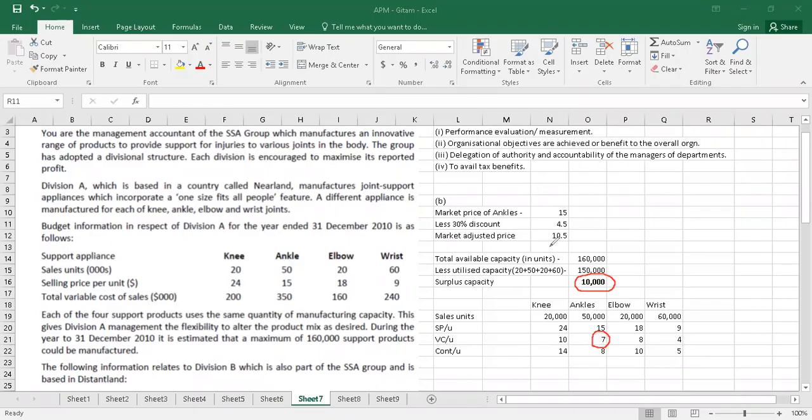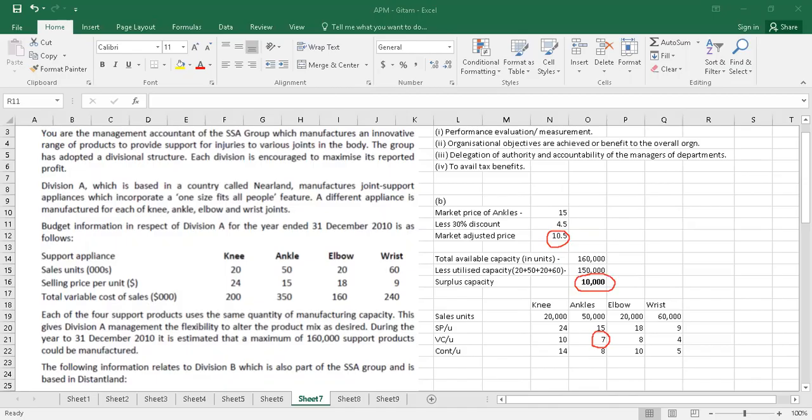They want to charge a price of 10.5. 10.5 is definitely greater than 7. Therefore, it is appropriate because they still will be making a profit margin of $3.5 per unit if they utilize that surplus capacity.